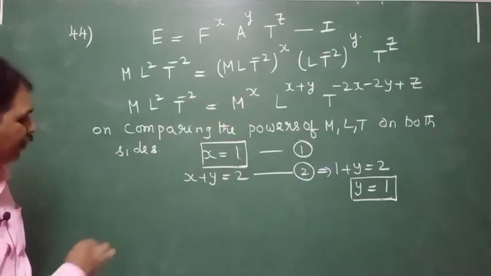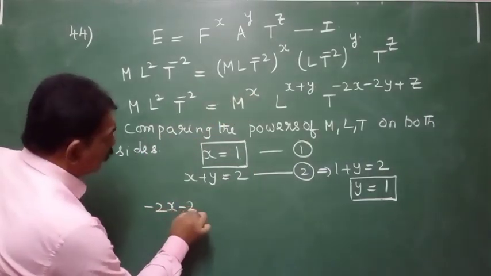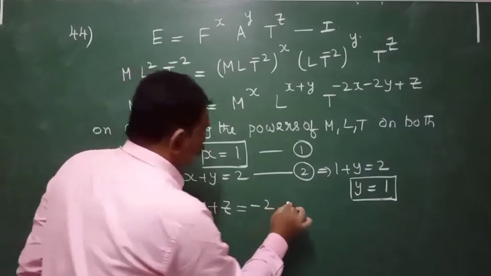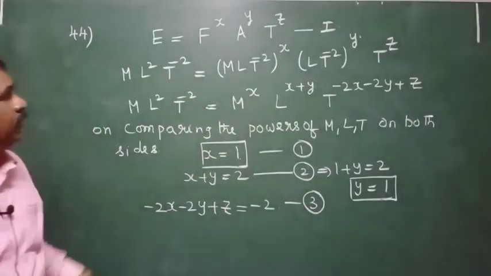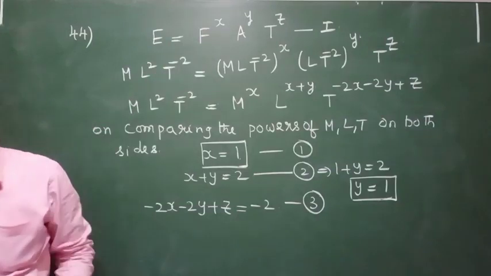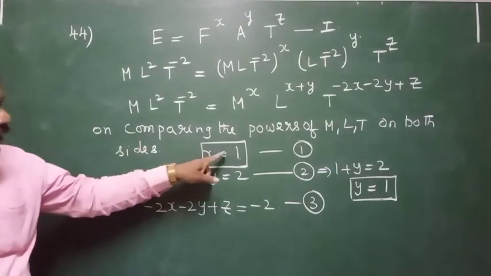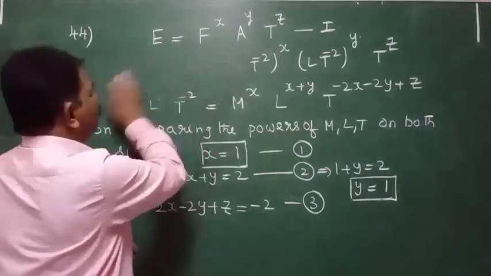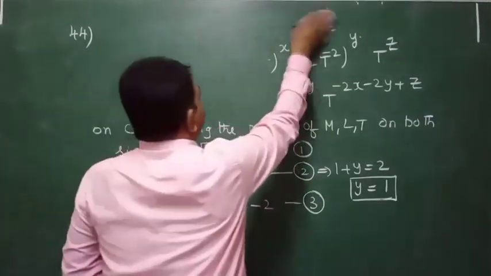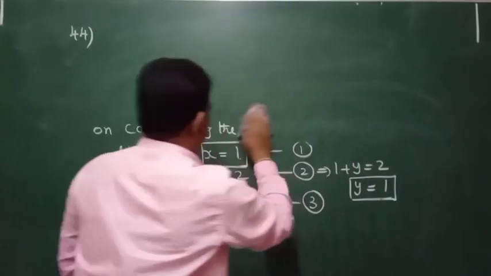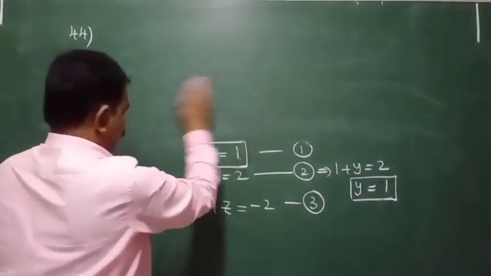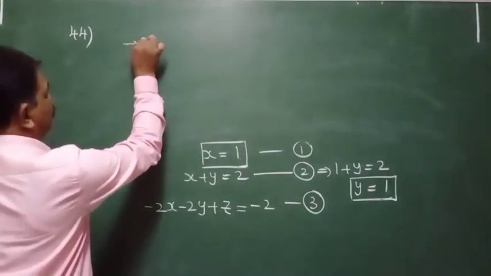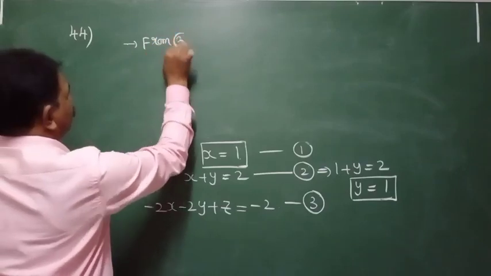Next, the third one. Minus 2x minus 2y plus z is equal to minus 2. Let it be equation 3. Substituting x and y values here, we will get the z value. From 3, what will we get?